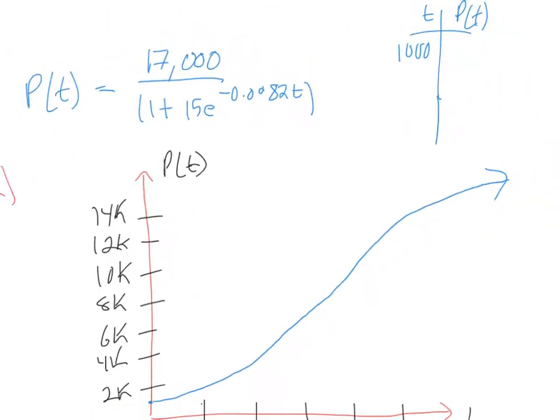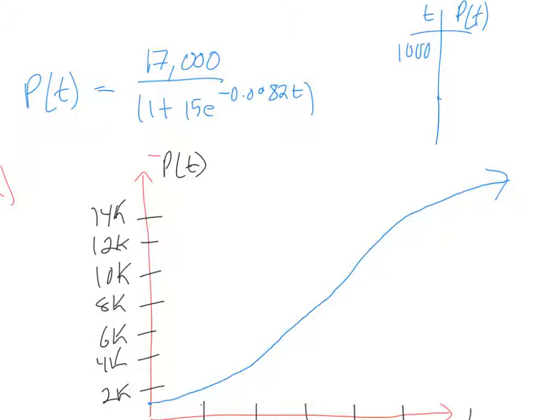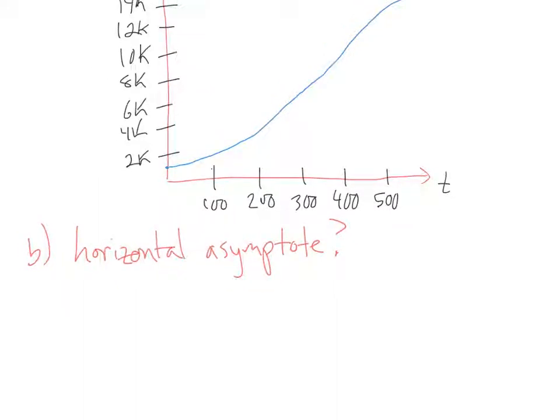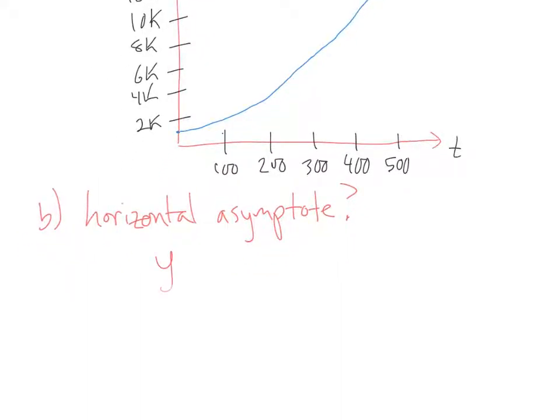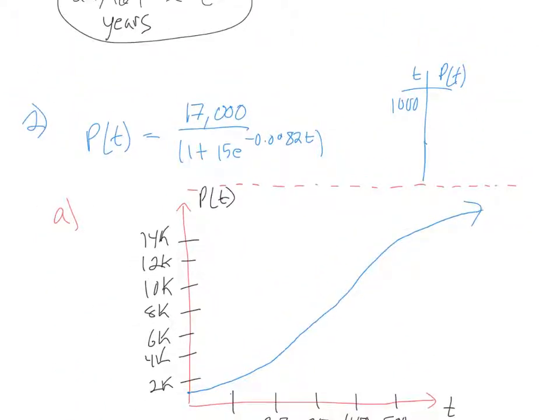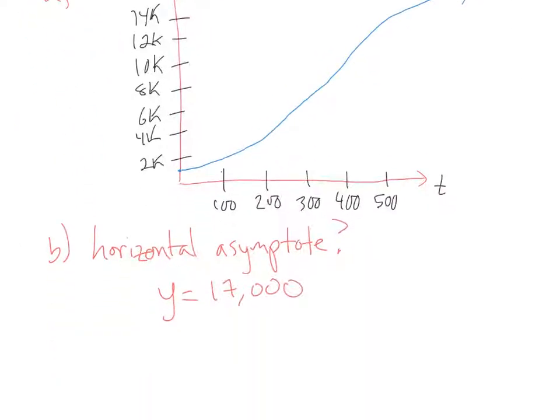If you had to draw that asymptote, it would probably look like this, horizontal on your graph. So here I would say my horizontal asymptote is at y equals 17,000. Since, as time goes on forever and ever, this term is going to become 0, so it would be 1 plus 0, which is just 1, and 17,000 divided by 1 makes 17,000.